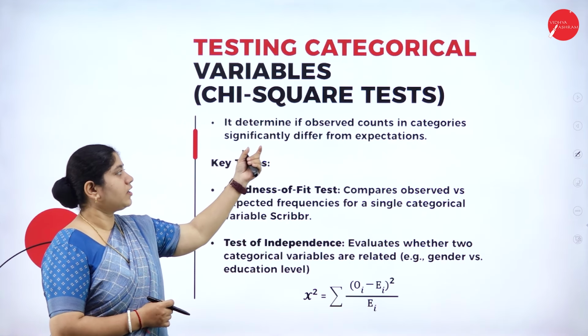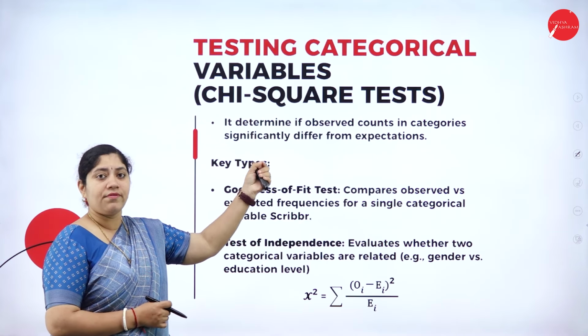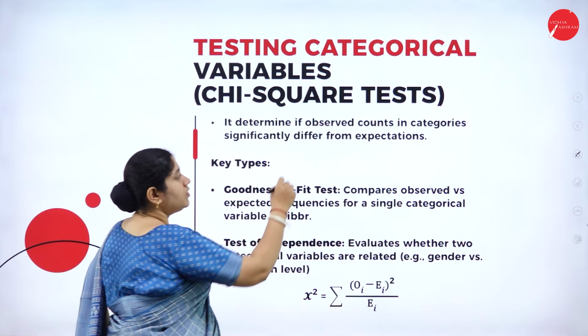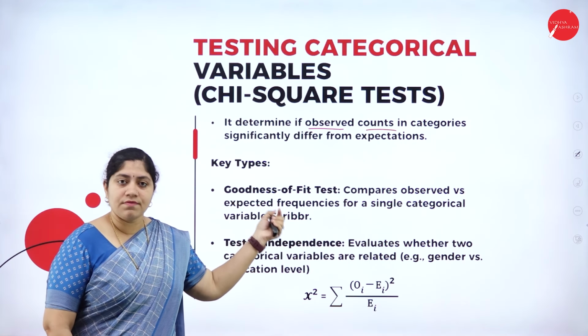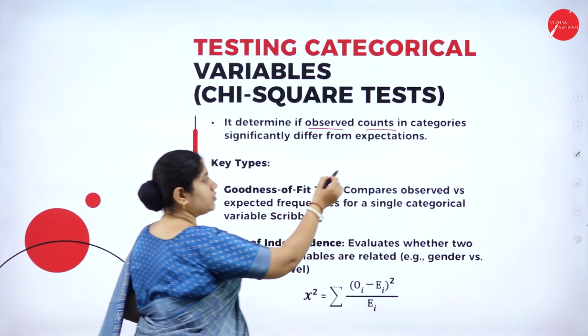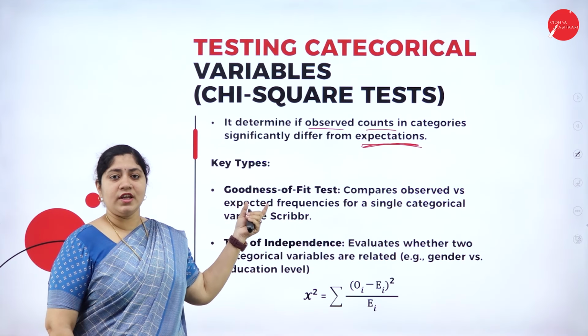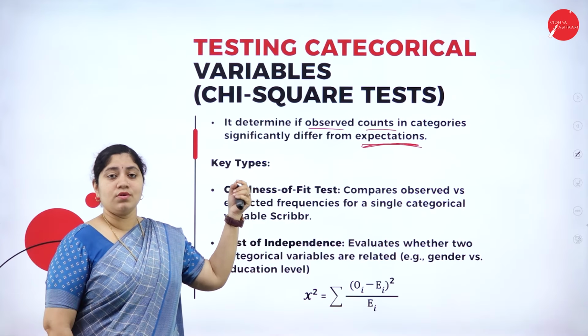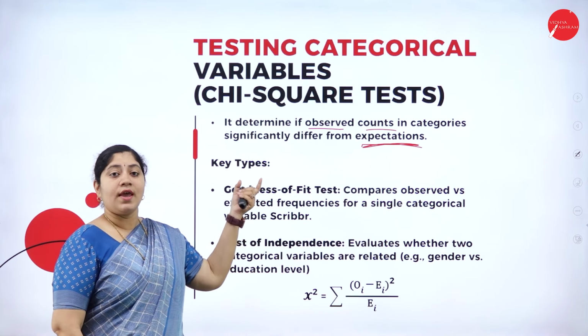The chi-square test determines if our observed counts in categories significantly differ from our expectations. So this is very, very important. Now let's see what the different key tests are in order to note a difference between the observed counts as well as the expectations.